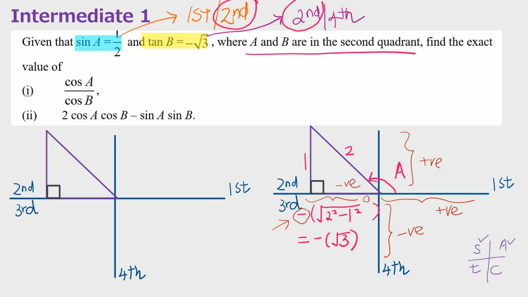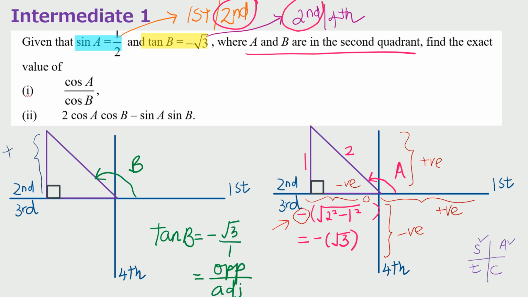We're going to rewrite negative square root 3 as negative square root 3 over 1. That's angle B. All right, so if you look at this, this is the opposite side, and this opposite side is positive. So hence, it has to be square root 3. Adjacent must be negative, so negative 1.